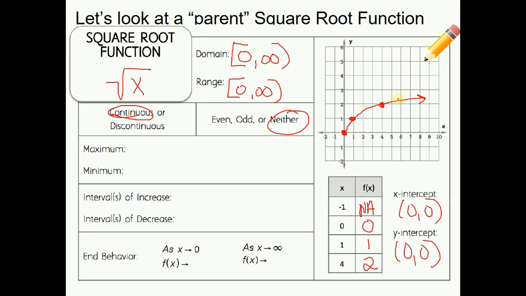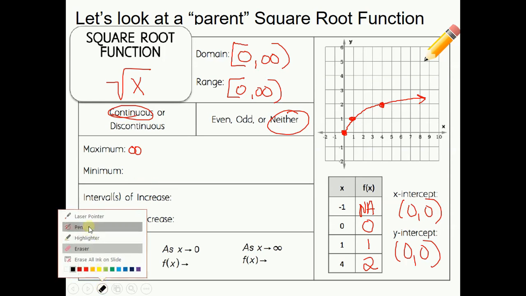Notice, guys, the maximum on this graph, it's going to keep growing up. So we would say that the maximum would be infinity. It's going to keep going up. Minimum, however, would be at y equals 0, or the point 0, 0 would be another way to write that. That's the lowest my graph can get.